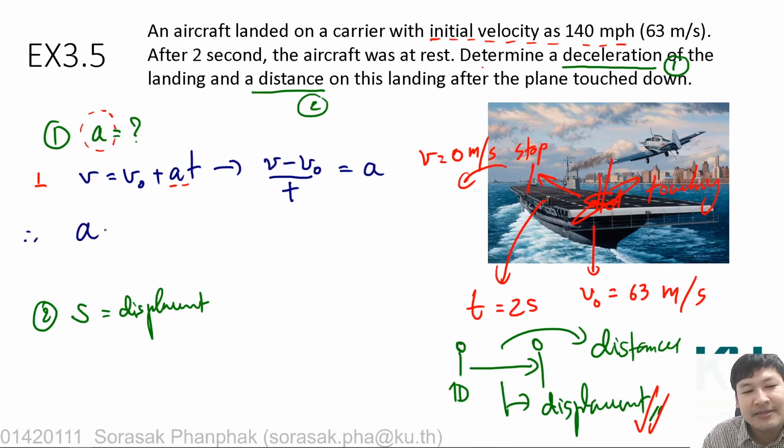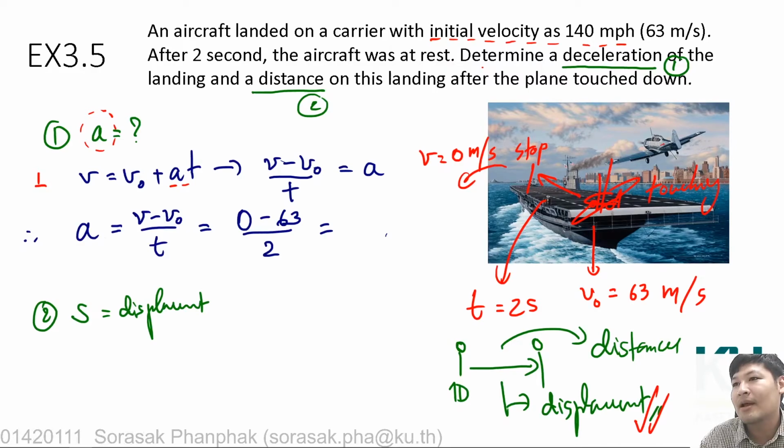You can sub in all the values and rearrange later, or rearrange first. For the sake of easier calculation, I will do it like this to find your A. V initial is 63, V final is 0, so 0 minus 63, divided by T, which is 2 seconds.